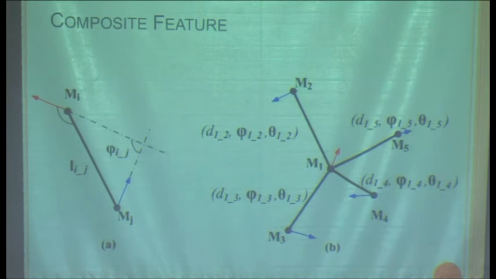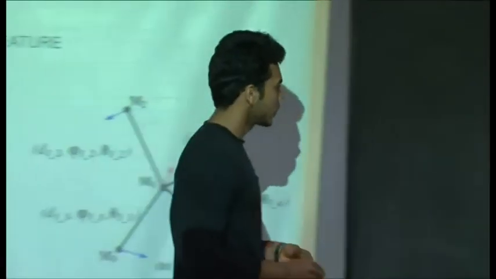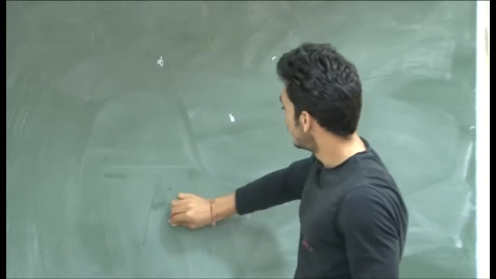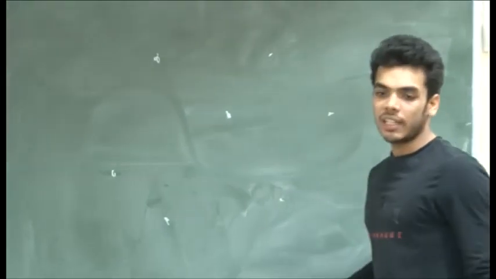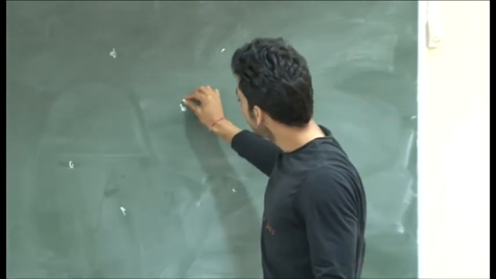This is the composite feature that the algorithm creates. For example, these are the minutiae vectors that have x, y coordinates and the theta value. The composite vector that we make is from a center point.